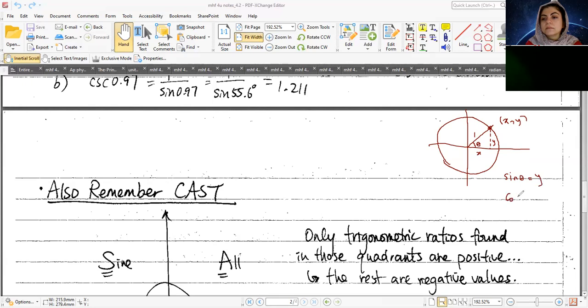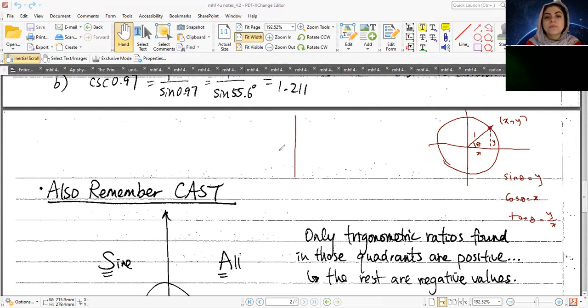Cosine theta is adjacent over hypotenuse, x over 1. Tan theta is equal to opposite over adjacent, y over x. So stick this into your mind: sine is the y component, cosine is the x component, tan is y over x.